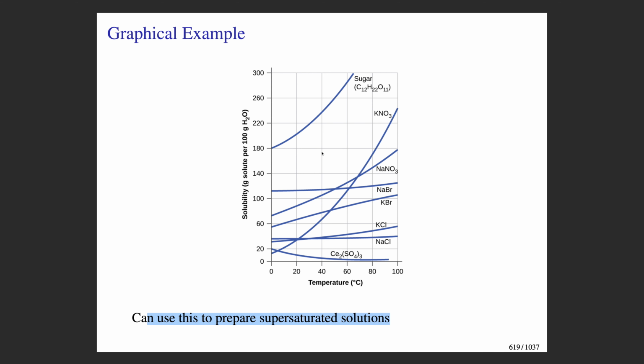If you disturb the solution, for example, if you add a glass rod with a scratch in it, or drop in a really tiny crystal of potassium nitrate, the solution will suddenly precipitate. All of the excess potassium nitrate will crash out of solution, and the solubility will drop down to what it's supposed to be at that temperature.